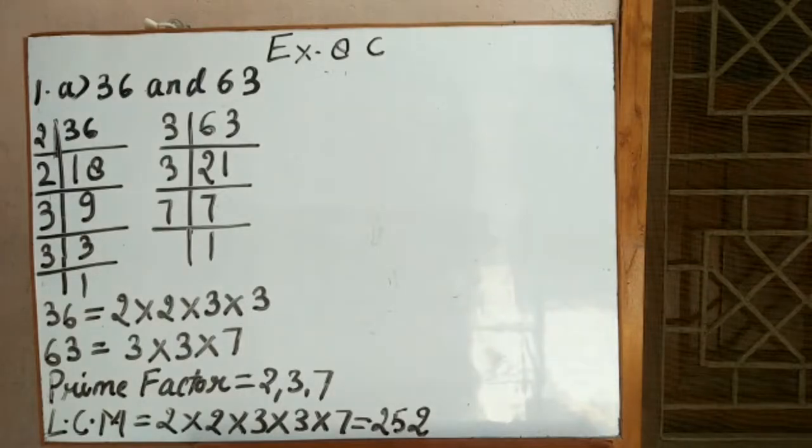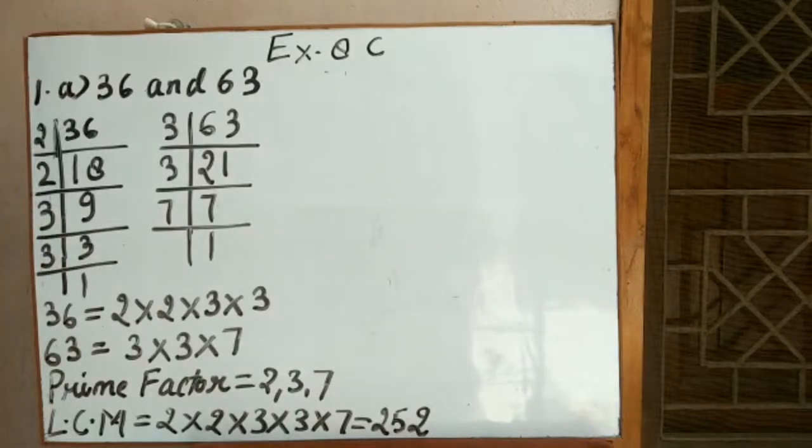First of all, we will find out factors of each number in this method. We will write the given number on the right side and the smallest number which divides the given number, we will write on the left side, and after dividing, the quotient we will write just below the number.